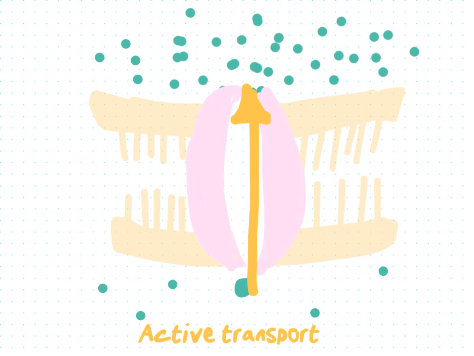It does this with the help of protein carriers, which is similar to facilitated diffusion. And this is a protein carrier. Because it's going against the gradient, it requires ATP, or cellular energy. Let me just write that real quick.